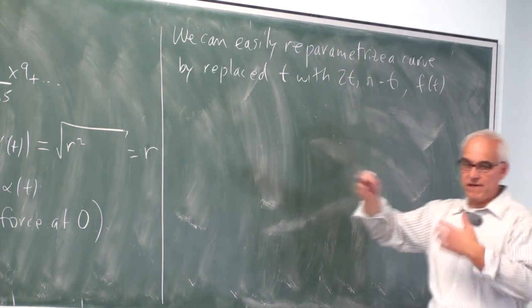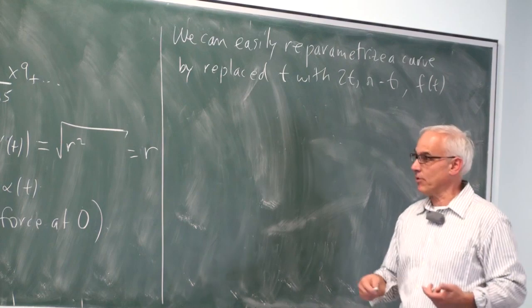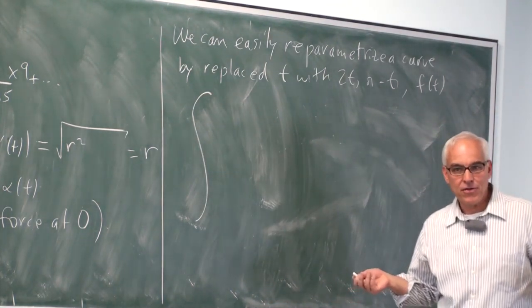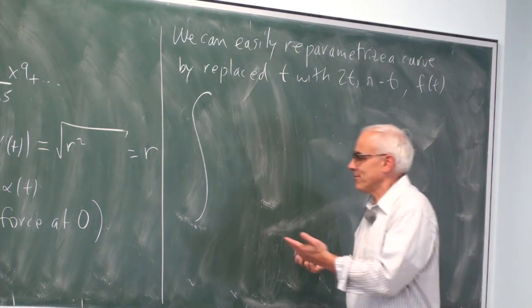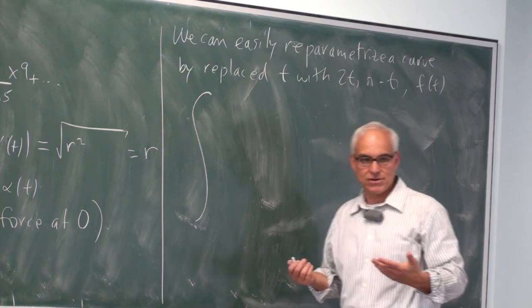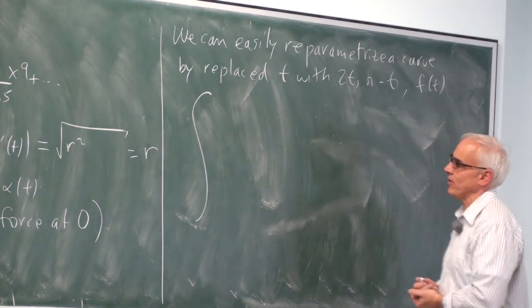So that means there's a lot of flexibility in how we choose a parameterization. If we're just given a geometrical curve, there's no immediately obvious parameterization to choose. There's many different possible parameterizations.